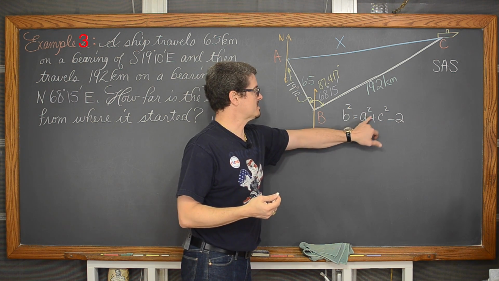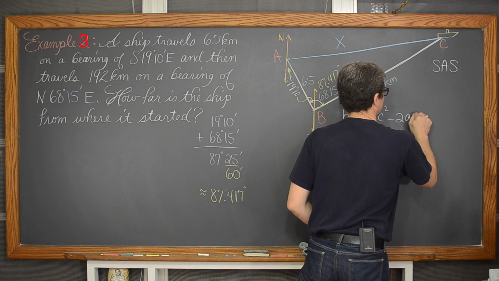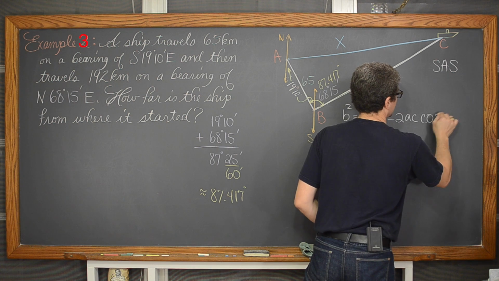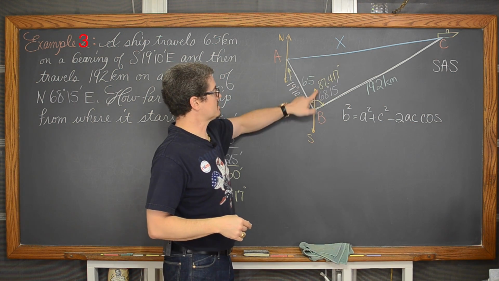So B squared is A squared plus C squared minus 2 times AC times the cosine of the angle opposite the side that you're looking for.